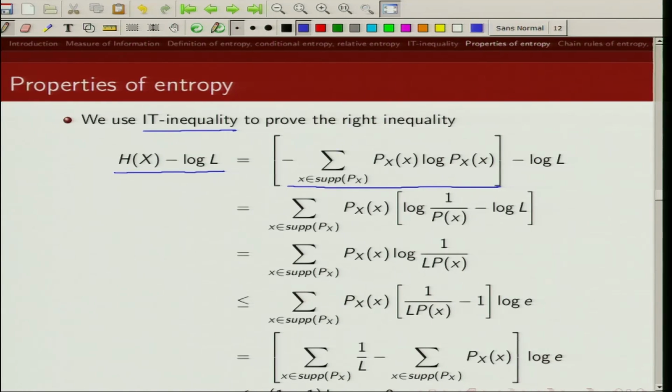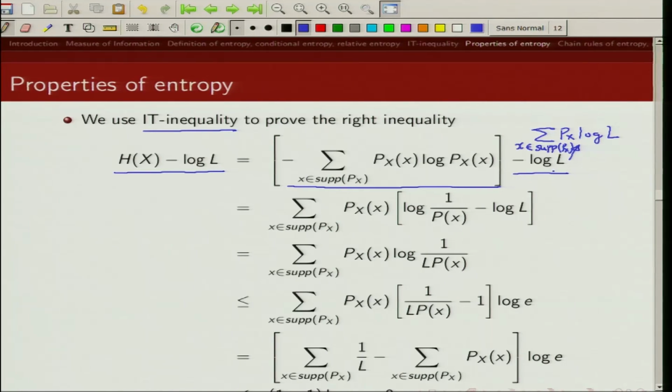So this is minus summation over the support set of p of x log of p of x, and the second term is minus log of L. Now minus log of L can be written as minus summation over p of x log of L, because summation of p of x adds up to 1, and of course x is defined over the support set of p of x.